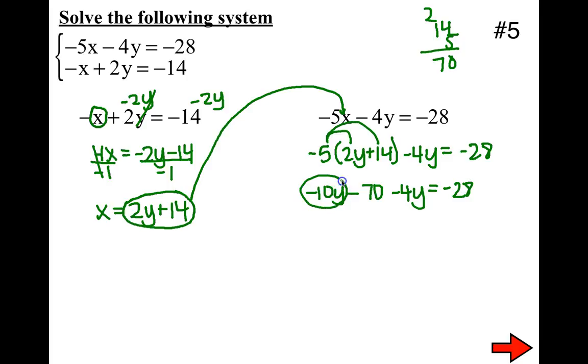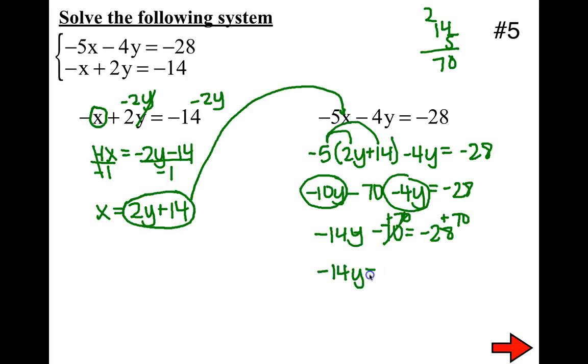At this step, I'm going to go ahead and combine like terms, leaving me with negative 14y minus 70 equals negative 28. First, get rid of your constant by adding 70 to both sides, which leaves me with negative 14y equals, again, I'm going to do some side work, 70, there's definitely more positives, but let's figure out how many more positives there are.